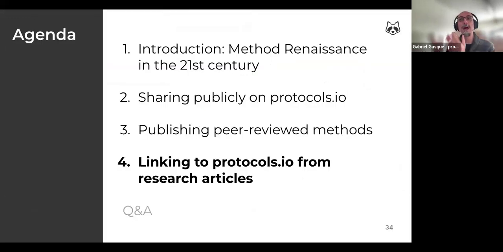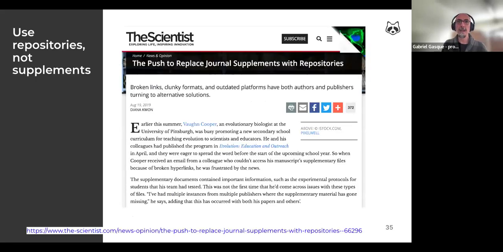And now moving to the last part of my presentation, which is about the partnerships that we have with other publishers. I would like to start by saying that although we're all very familiar with supplementary files and documents in papers, there has been a strong push for a number of years now to try to move away from supplements by using repositories instead.